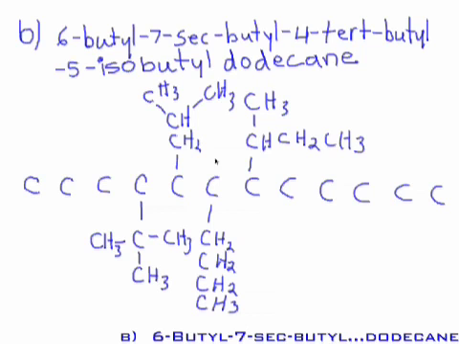And now I just add the hydrogens on my dodecane chain to make sure every carbon has 4 bonds to it. So the terminal carbon gets H3. The intervening carbons get H2.